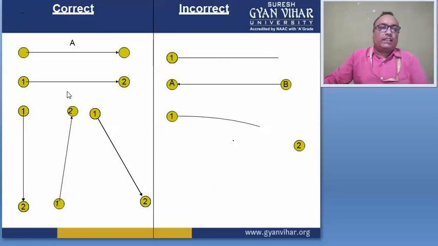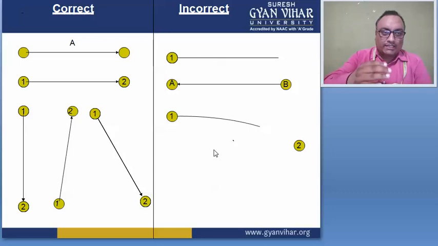This is also correct, because 1 to 2 moves forward, and this is correct, but this is an incorrect activity. We define this by this representation of the activity diagram, so you understand the correct and incorrect order.